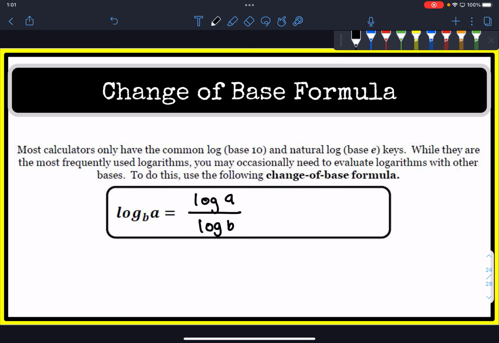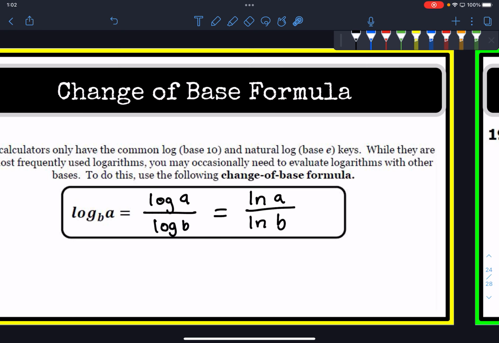Or if I don't have the common log, I can use the natural log. The natural log of a divided by the natural log of b will also give me the log base b of a. And this is going to be perfect for examples where the exponent rule doesn't work out.